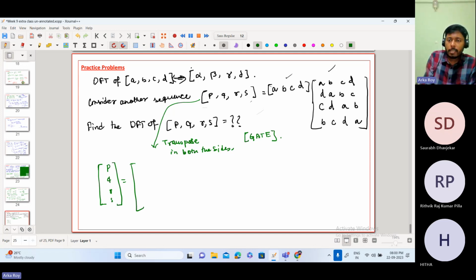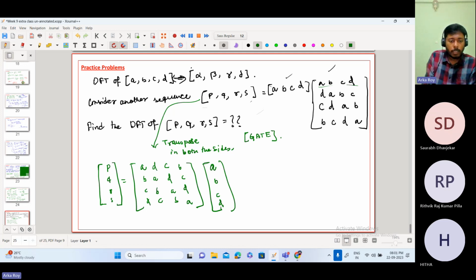Because I'm taking the transpose, whatever is in the row will come to the column. So I can write it as A, B, C, D, followed by D, A, B, C, C, D, A, B, B, C, D, A, and then I'm multiplying with A, B, C, D. You can see this is 4 cross 1, this is 4 cross 4, and this is 4 cross 1, so the effective output will also be a 4 cross 1 sequence.